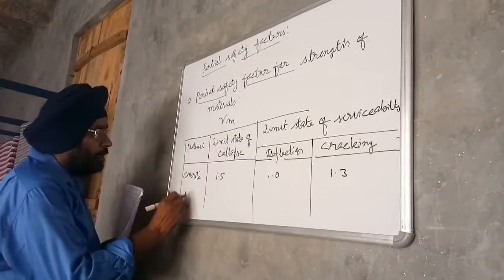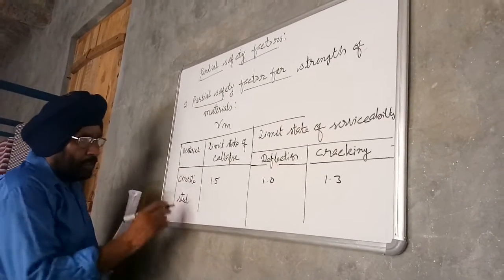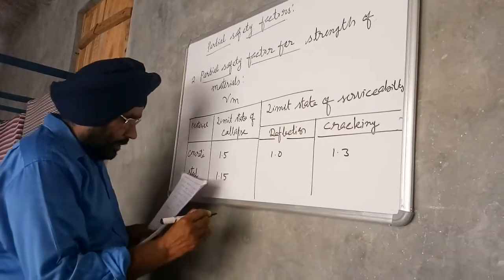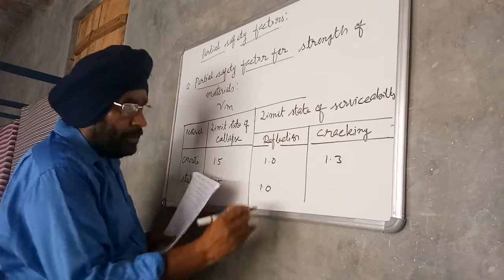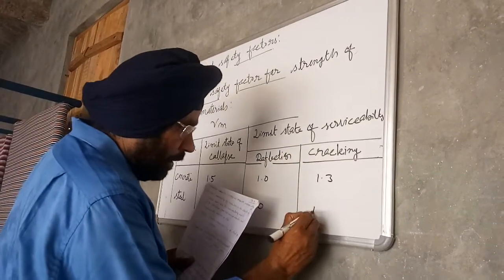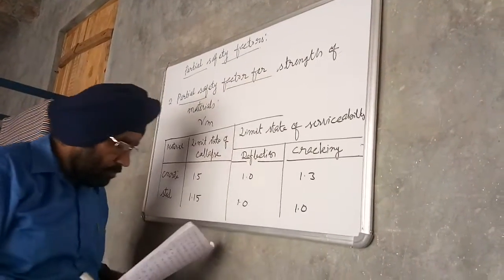And for steel, limit state of collapse, the value of gamma m is 1.15 and this value is 1, and limit state of serviceability in cracking, its value is 1.